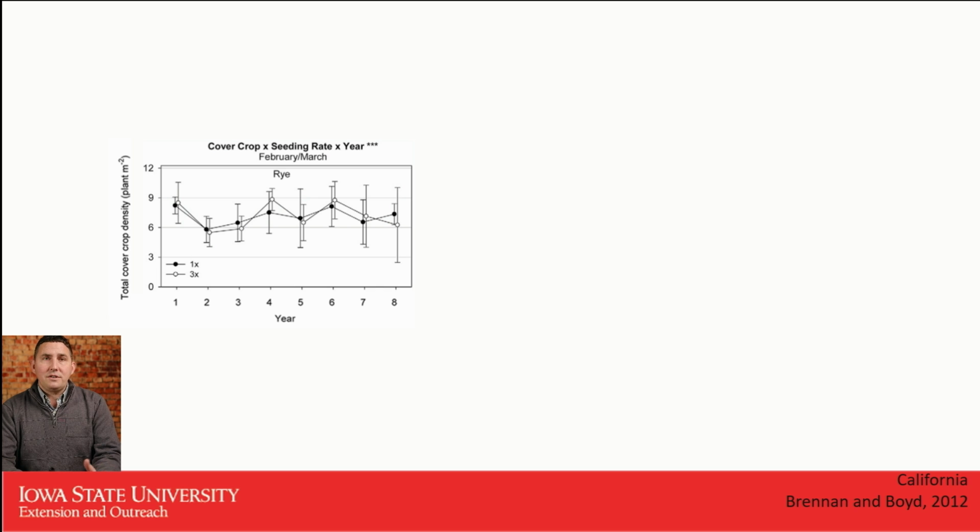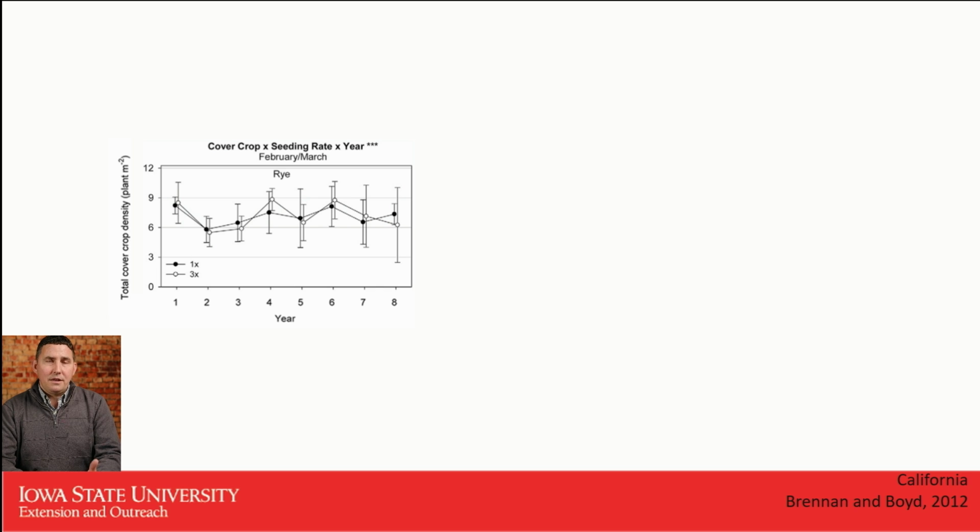Across those years, you notice that the black dots and the hollow or open circles are very closely aligned most of the time. There's a couple years where they vary a little bit, but they're really quite similar based on the crop density of those seeding rates.